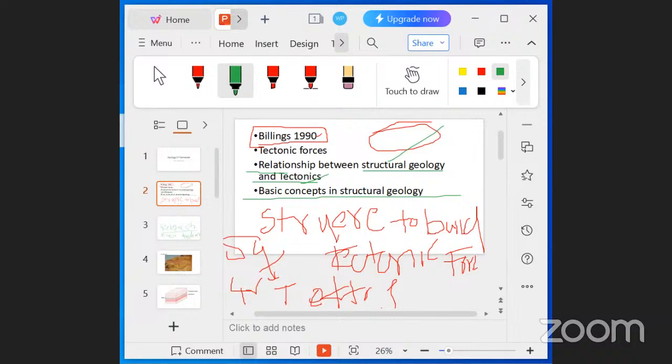The study of structural geology is mainly accomplished with the study of geological structures which are developed due to deformation. They are also known as deformational structures or secondary structures.